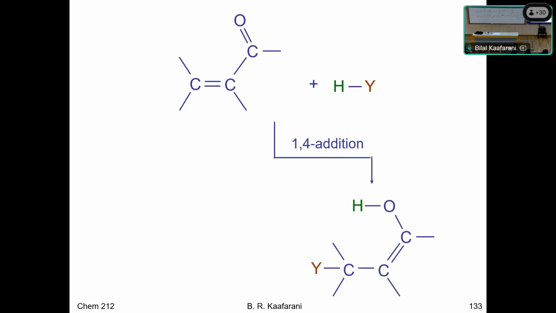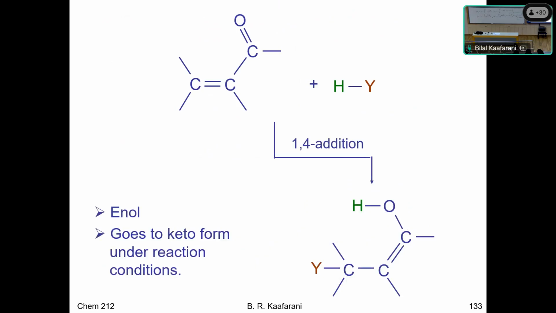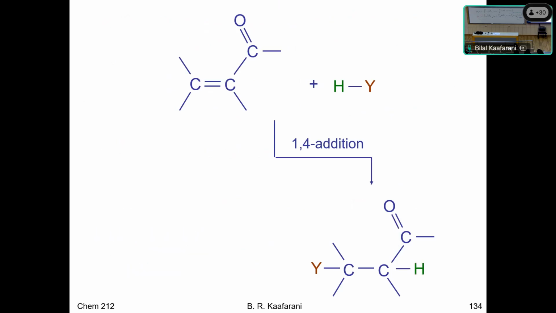In a 1,4 addition, you have the Y attack the beta carbon. You are going to get the enol. The enol will tautomerize into the keto form, so you will get the carbonyl. And that is referred to as a 1,4 product.